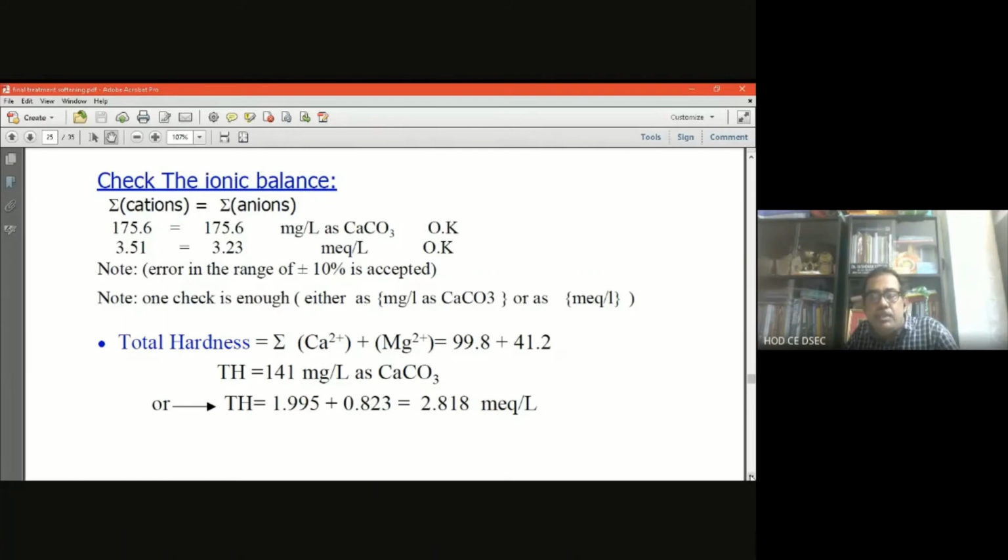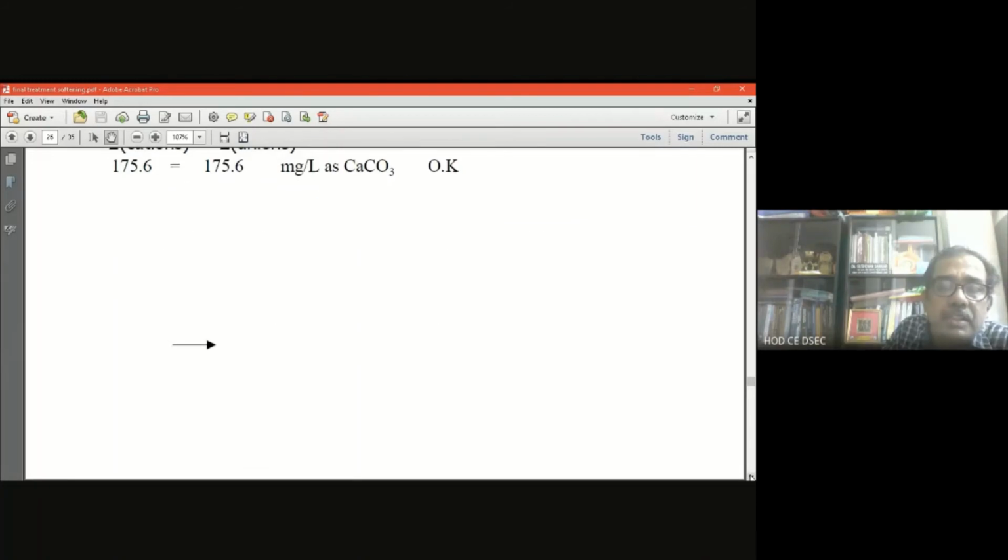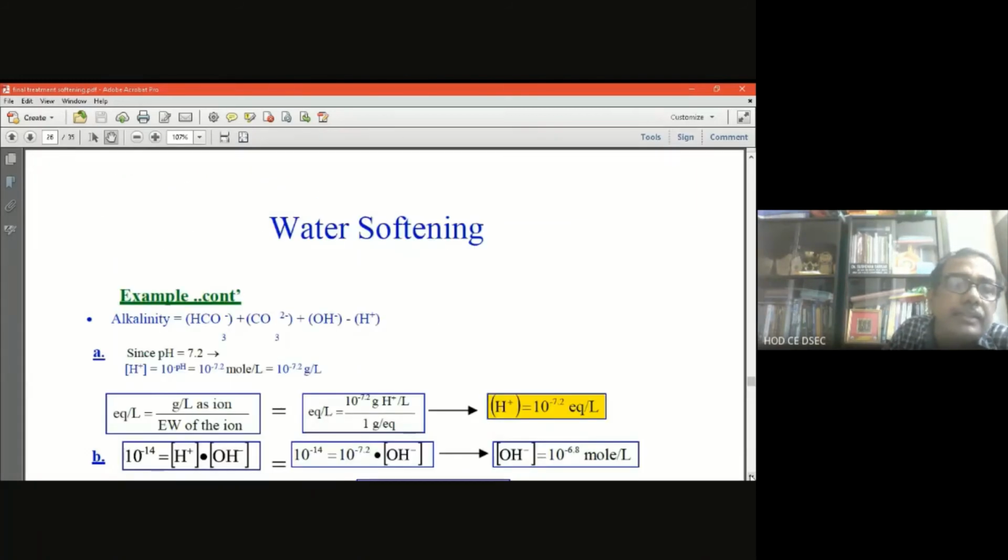In terms of milli equivalent per liter, that is the fifth column, 2.818 milli equivalent per liter. It can be expressed in milli equivalent per liter, but mostly it is expressed in milligram per liter as CaCO3. So total hardness is nothing but the concentration of the calcium ion plus the magnesium ion, because these two ions are mostly responsible for the total hardness.